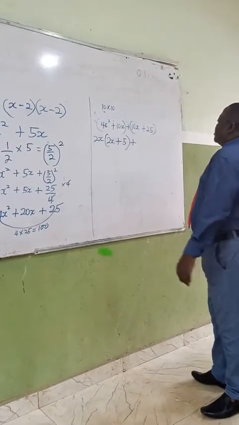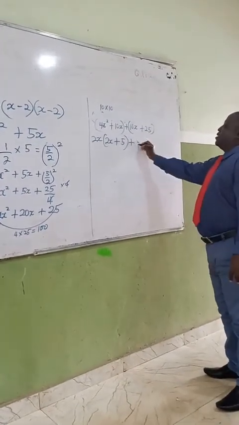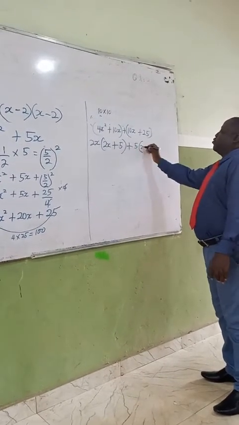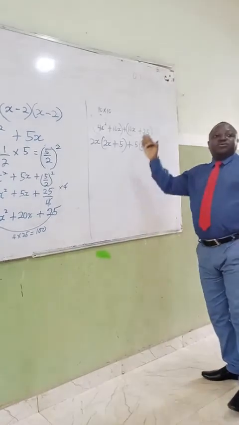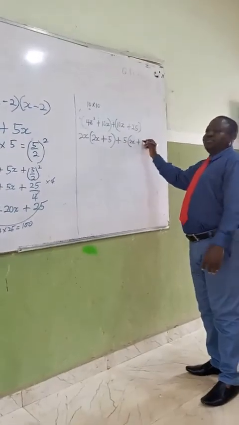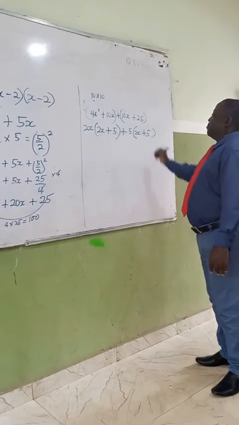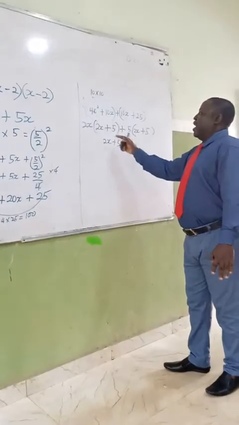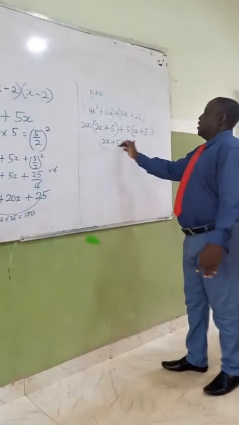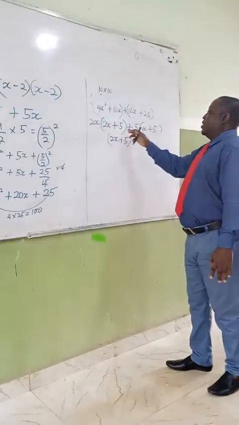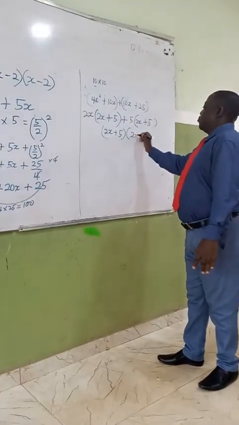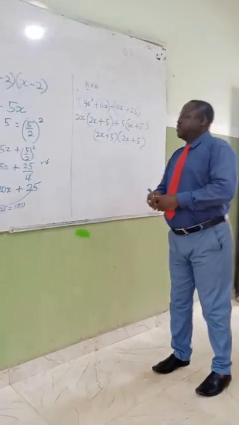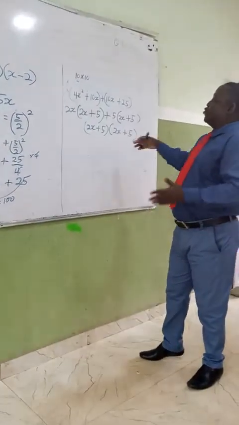And the highest common factor here is 5: 10x divided by 5 is equal to 2x, plus 25 divided by 5 is equal to 5. Then this is equal to (2x plus 5), a common factor here. The combination of these gives (2x plus 5)². If you take a look at this expression, this is a perfect square.